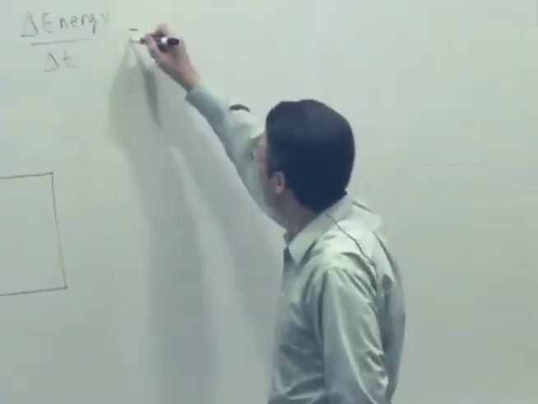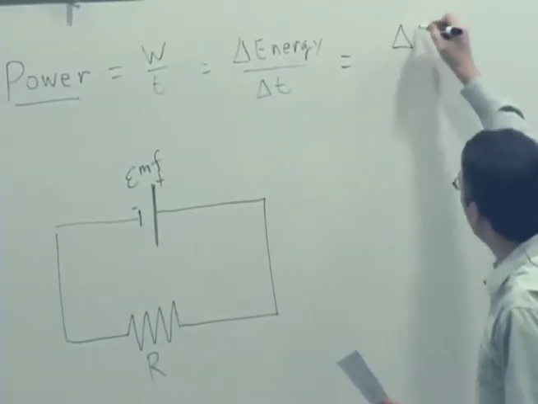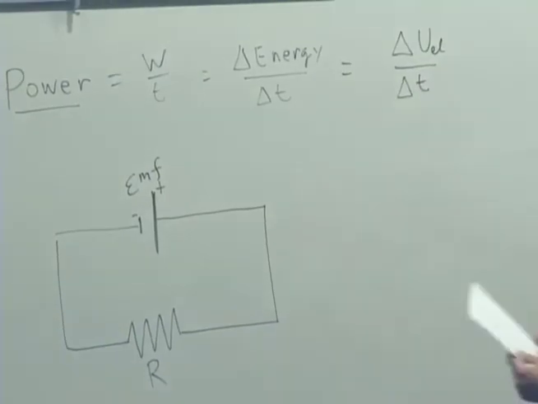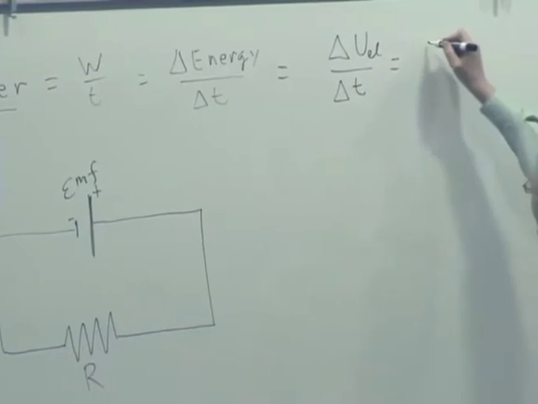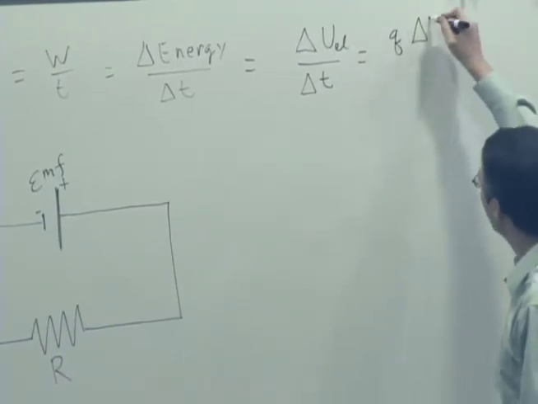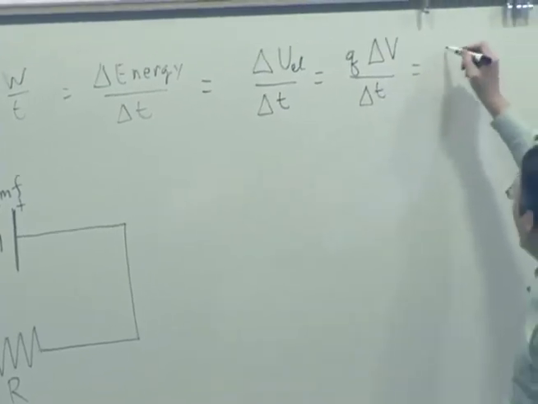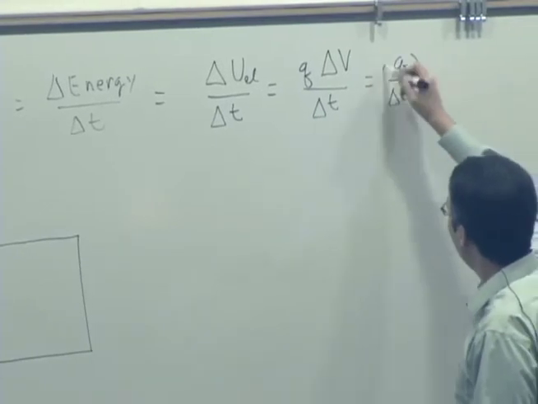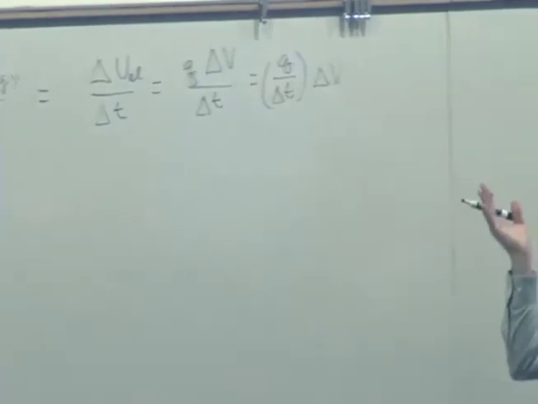Power, we think of this in terms of change in energy, or a change in electric potential energy per unit time. We can relate electric potential energy to electric potential by saying it's the charge times delta V. And then we can think of this as an amount of charge flowing per unit time times delta V, but charge per unit time is what?